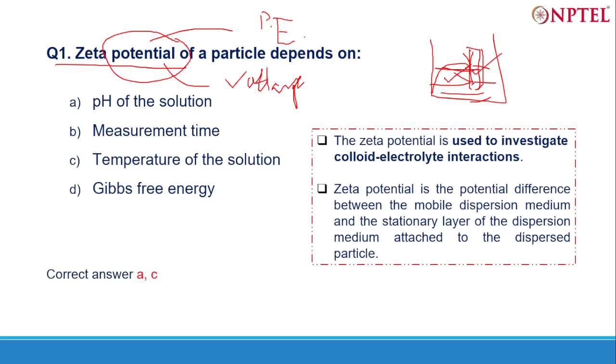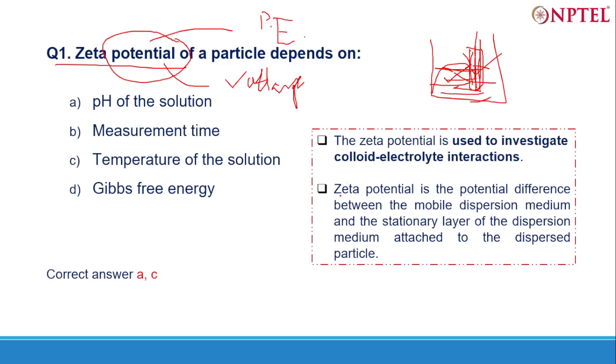So if this is, say, an electrode and it has a deposition of this stationary layer of electrolyte, it measures the potential difference between these two. That's what is written here.